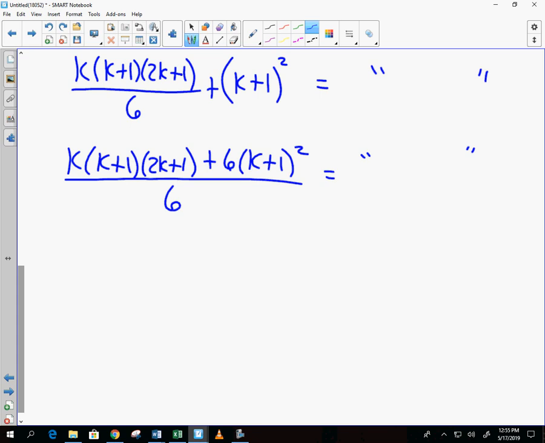K times 2k times k will be 2k cubed. Then I've got 1 times 2k, and 1 times k is going to give me 3k times k. One times 1 times k. What is k plus 1 quantity squared?